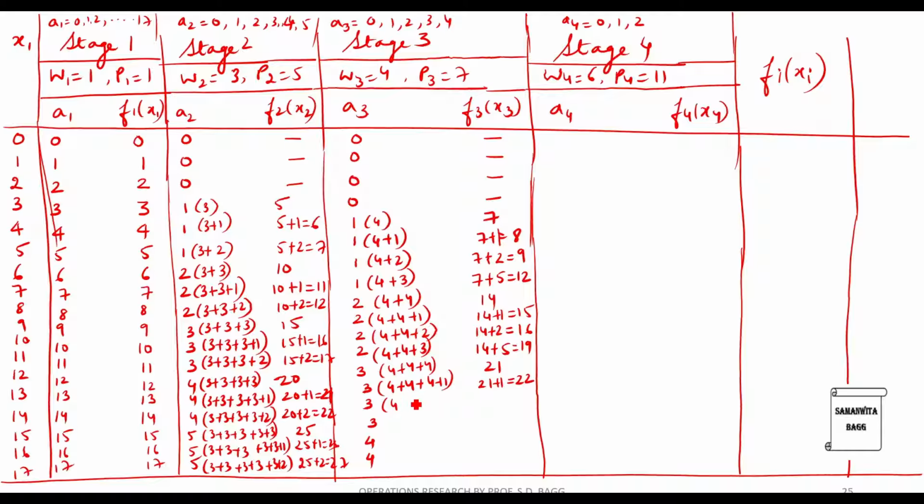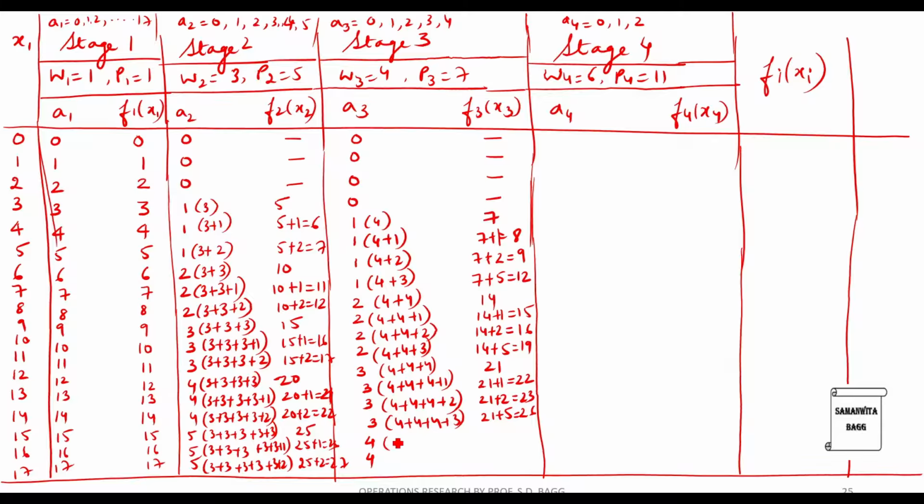So it is 4 plus 4 plus 4 plus 2. This will be 21 plus 2 is 23. Then the number is 15. Be careful, this will be 21 plus 5. So the summation will be 26.